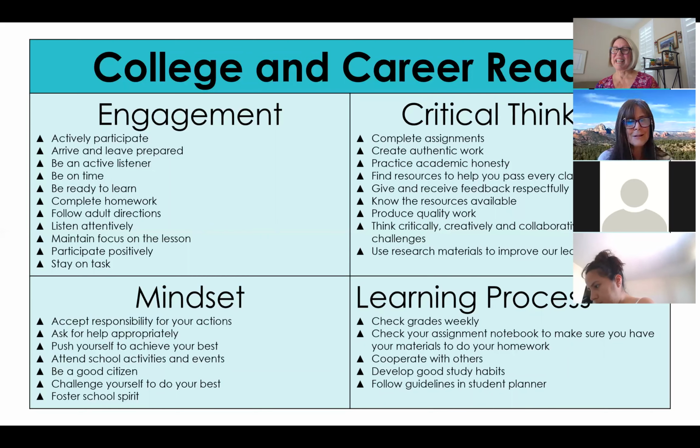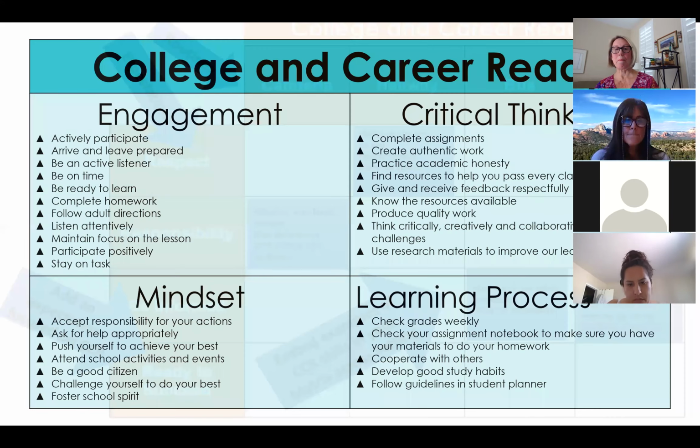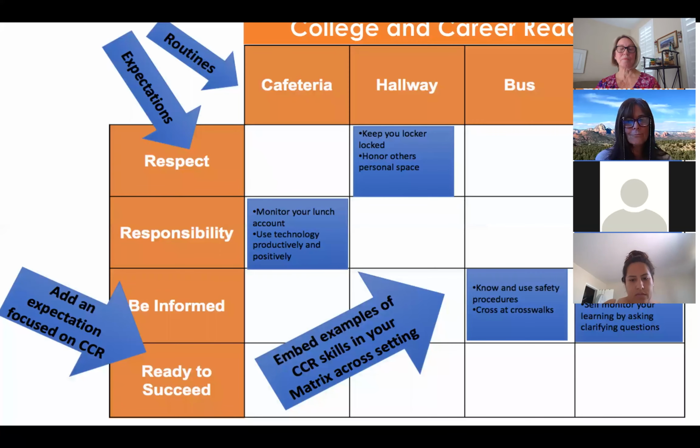The other thing you want to think about is college and career readiness. Those are the 4 categories of college and career readiness. You've got all of the behavioral expectations we expect to see in each one of those. How do you include that in your matrix as well? So here's an example of one where you've got your expectations, respect, responsibility, informed, ready to succeed at one of our schools.